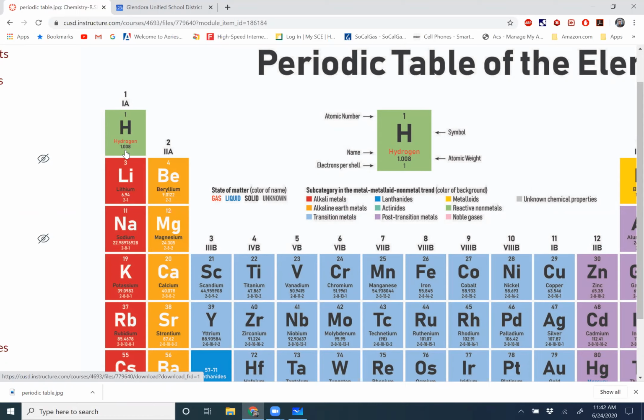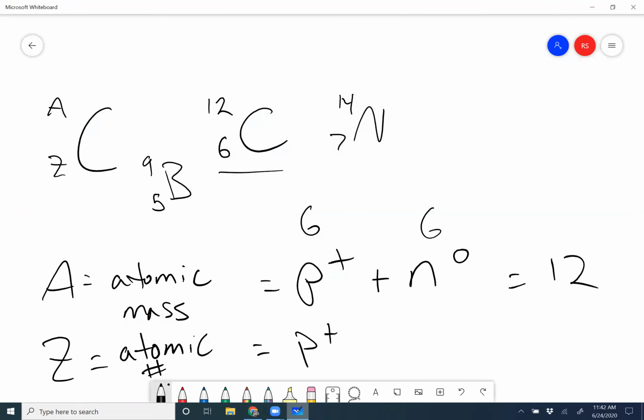And that's because on the periodic table, we use average atomic masses. Because as it turns out, Dalton was incorrect when he said that all atoms are the same. If we have a carbon atom, carbon can actually exist as 3 different atoms. Now, they're not all equal. Some are more abundant than others.